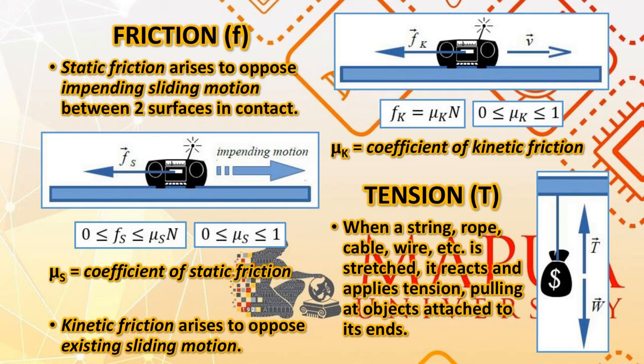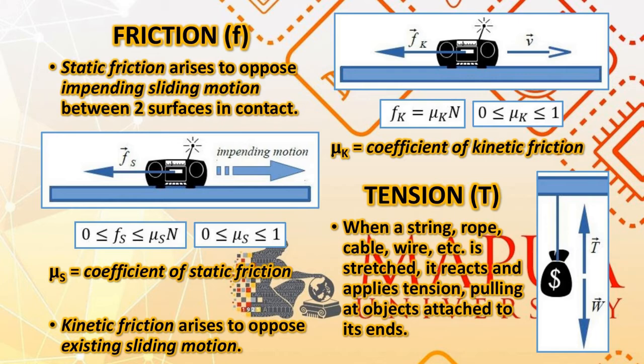The magnitude of the static friction ranges from 0 to a maximum value. The maximum value that static friction can have is given by mu s n, where mu s is the coefficient of static friction.